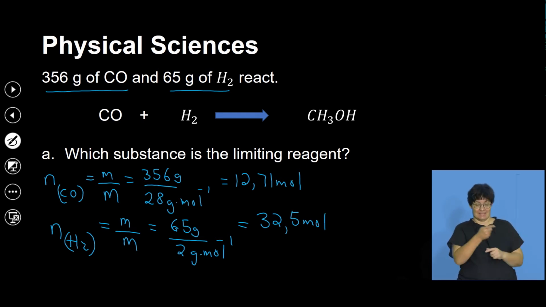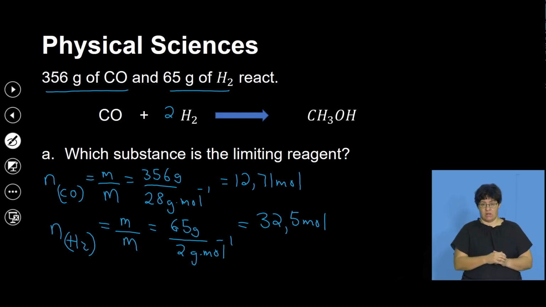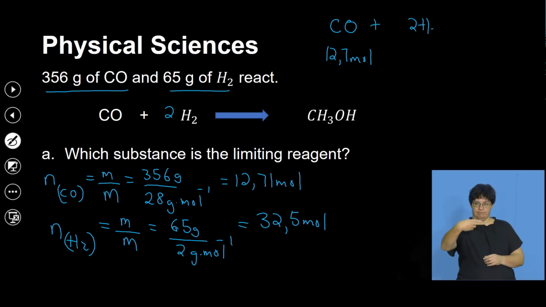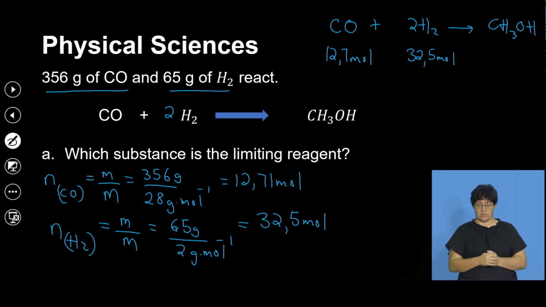Now, from the balanced equation, 1 to 2 to 1. If we rewrite that, we've got carbon monoxide, 12.7 moles, plus 2 hydrogen, which gave us 32.5 moles, which gives us CH3OH, the product.